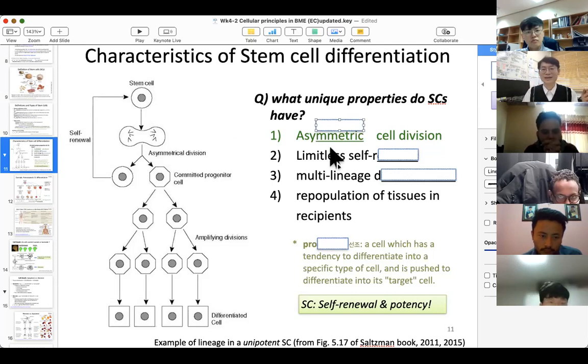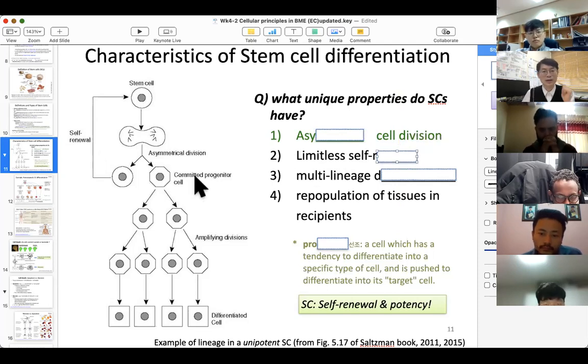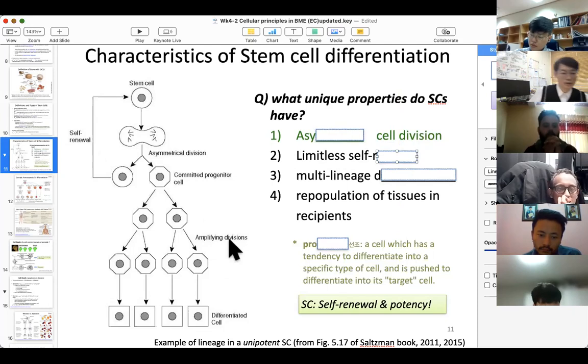So that is limitless self-renewal, a very important aspect of the stem cell. And what about the rest, which become committed progenitor cells? They will start to differentiate and keep differentiating. We call this amplifying division, or transient amplification.